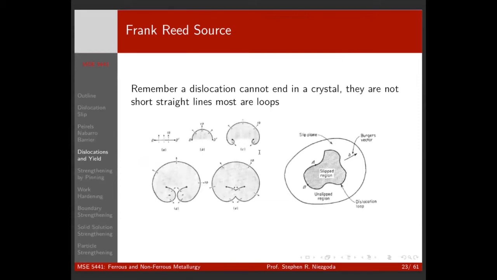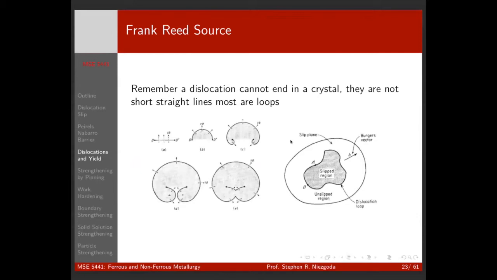So if you have a straight line that ends within the crystal, it's not a boundary. It doesn't enclose some area that's sheared, unless it goes to the edges. It can go to the edge of a grain or the complete edge of a sample. But if you're within a single crystal, you can't have a dislocation that starts and stops.